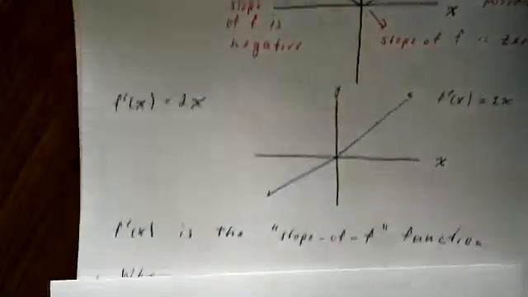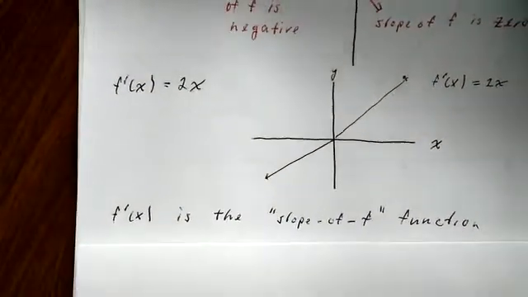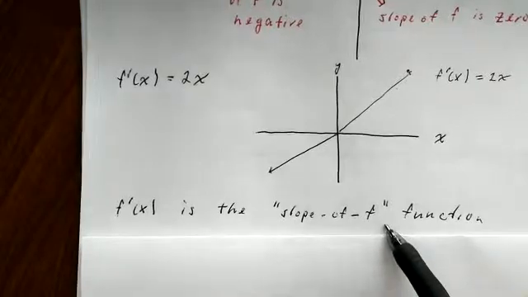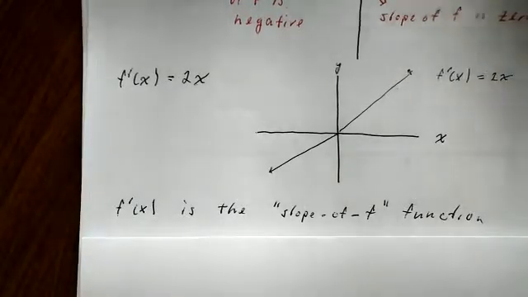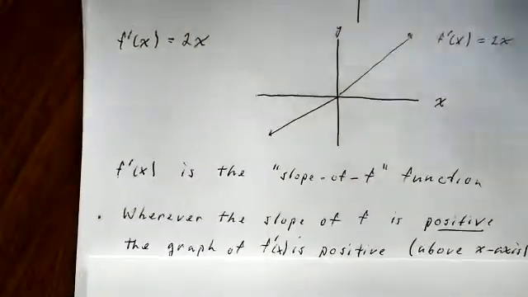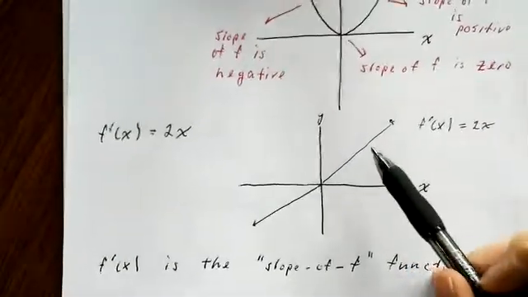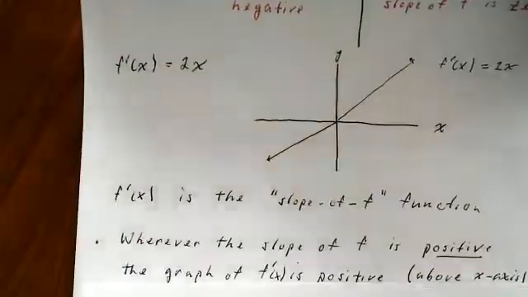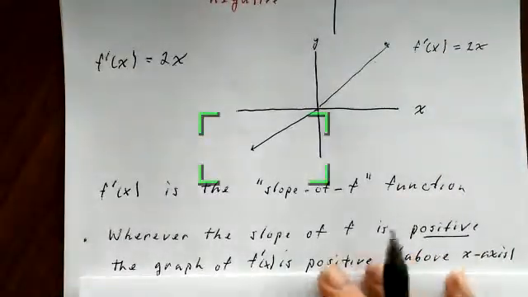And it's for these reasons that sometimes I like to refer to f prime as the slope of f function. It records the slope of f. So whenever the slope of f is positive, like in the case of the parabola, the graph of f prime is positive, or in other words, it's above the x-axis.